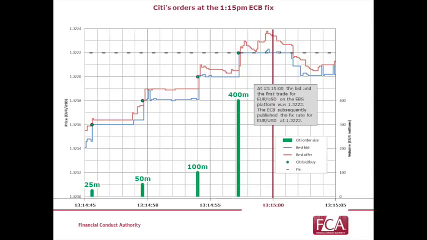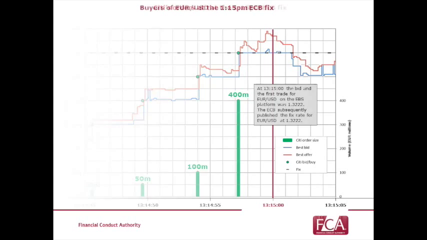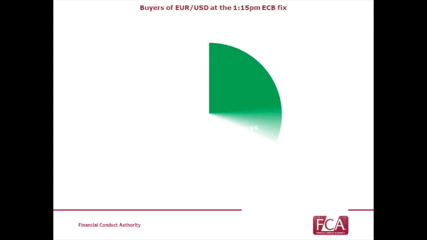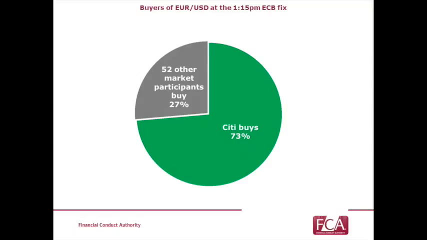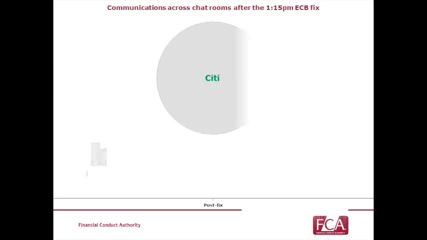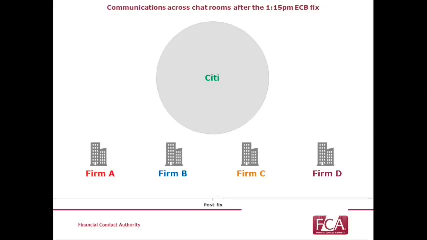Remember, Citi's last order 3 seconds before the fix was at the price of 1.3222. During a 33-second period around the fix, Citi bought 374 million euros, which accounted for 73% of all purchases on the EBS platform. This is obviously huge by comparison with what everyone else on the platform was doing, as you can see here. Let's see what they have to say after the fix.